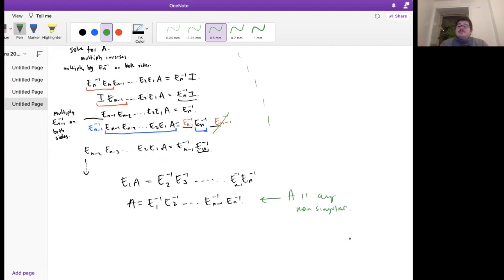Now we can classify all non-singular matrices. This is saying that all non-singular matrices are some product of row operations, yeah, of elementary matrices.